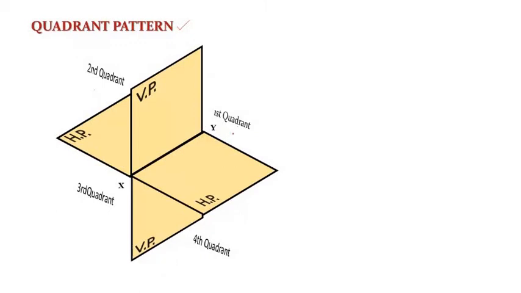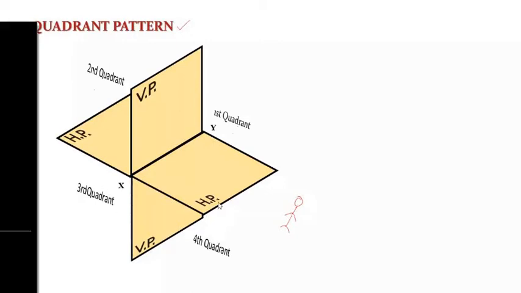This will be the first quadrant when my observer is somewhere here. The position of the observer is important. This whole quadrant system is achieved by intersecting the vertical plane and the horizontal plane.